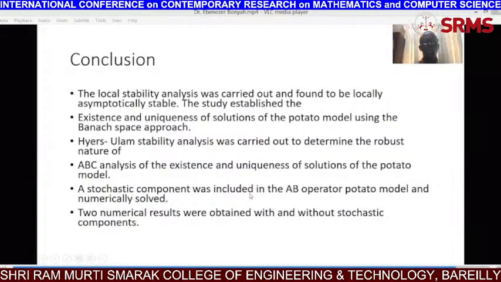Then a stochastic component was included in the ABC model and numerically solved. We saw that of the two numerical solutions, obtained with and without it, the one with the stochastic component depicts the variations of the stochastic effects, and that is very, very important.